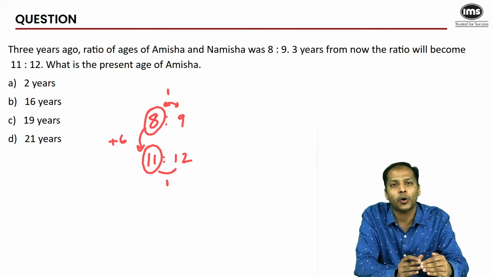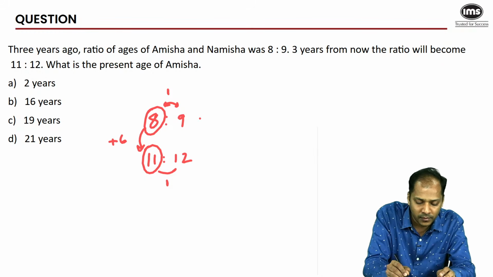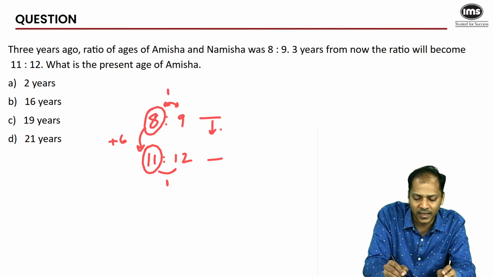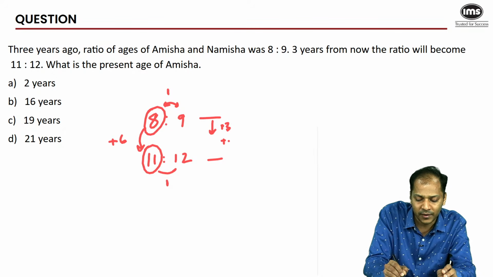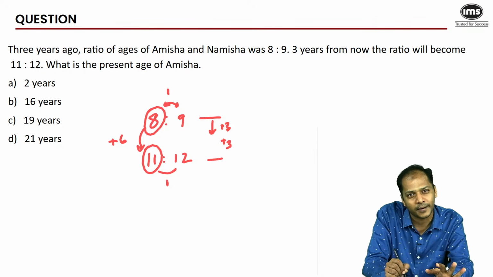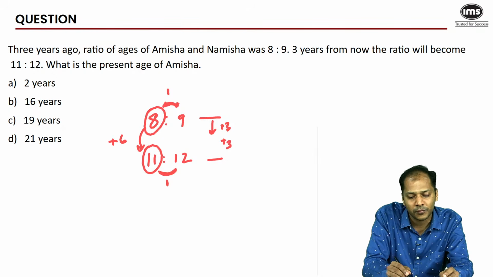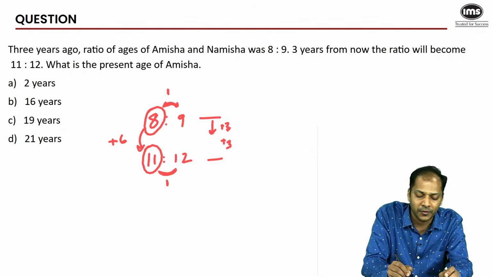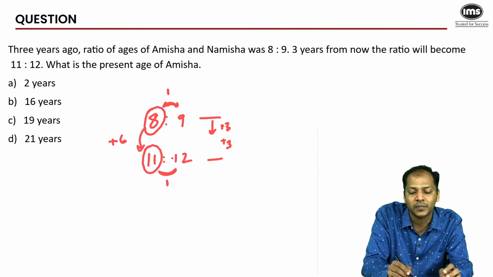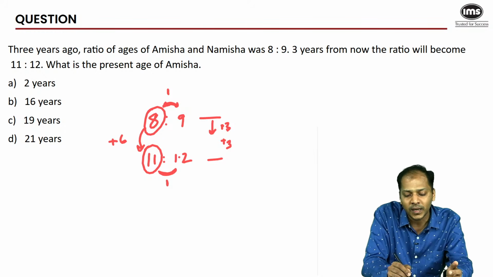Both of them have gone from present minus 3 years to present plus 3 years, so their age gap would be the same. The difference in the parts of the ratio for both people is the same, so these two ratios can be compared.